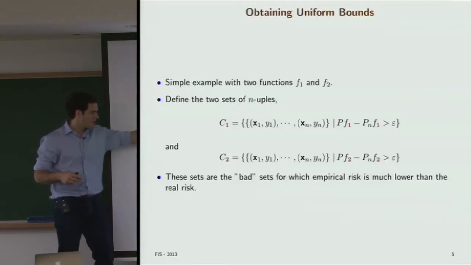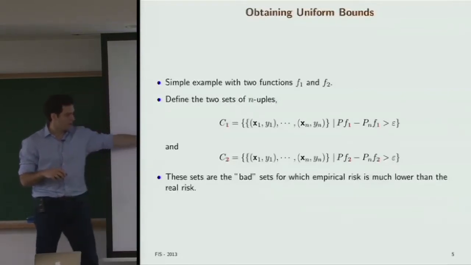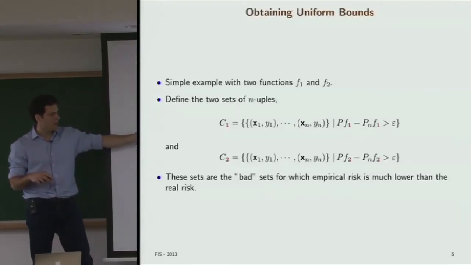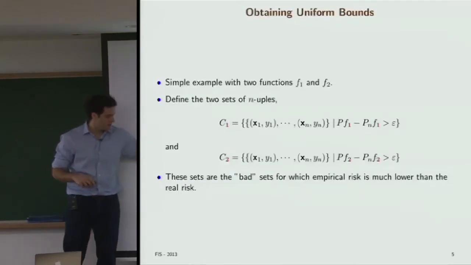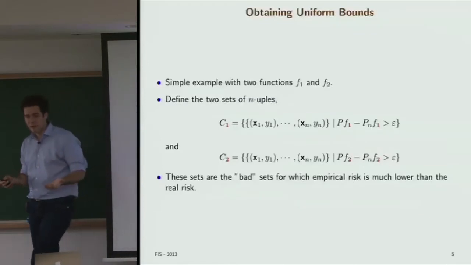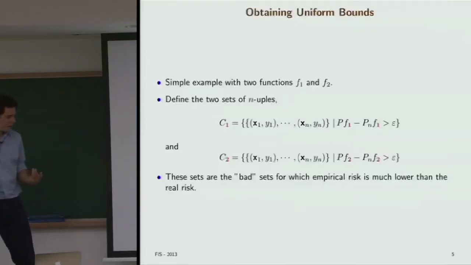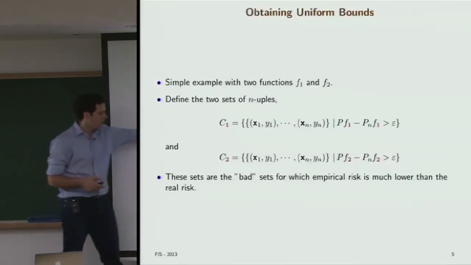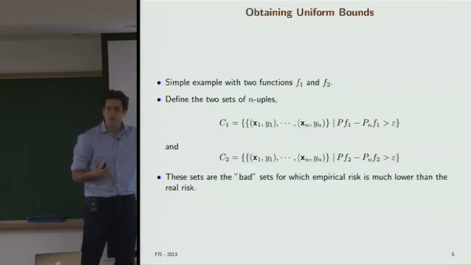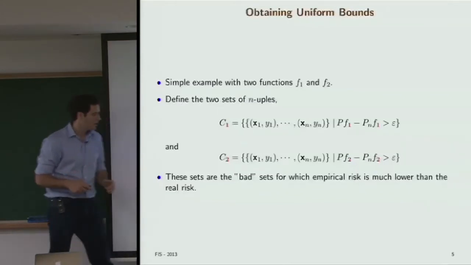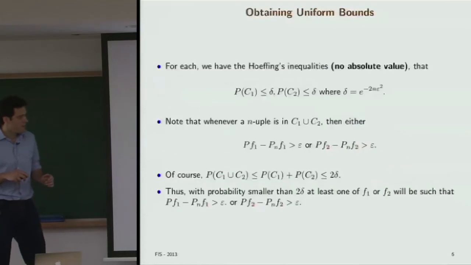If you call C1 the set of all possible samples which make F1 look bad, that is, the empirical average here deviates from the true risk by more than epsilon, and C2 this set, so those are sets of samples. Well, you know by Hoeffding's bound, by definition, the probability of this set is smaller than delta.